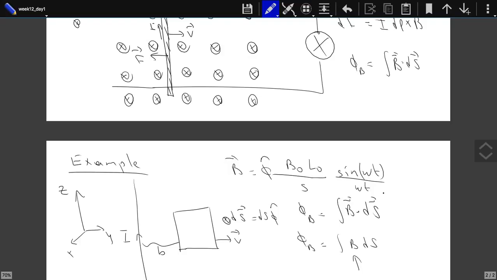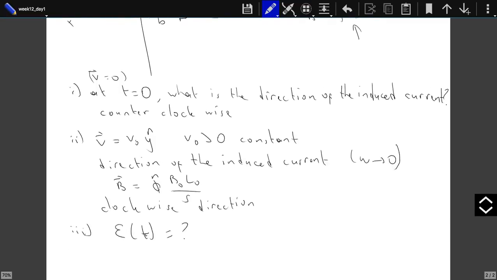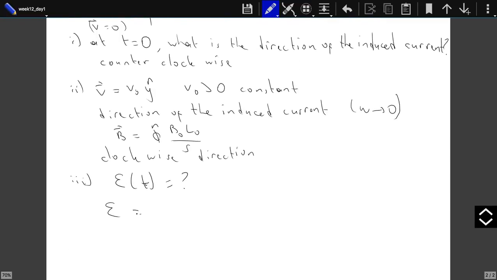What's s? s is the distance from the wire. This is the B at the point r. And we are using cylindrical coordinates, so r is s, phi, and z. Now, to calculate the EMF, remember EMF is always minus d phi B by dt.